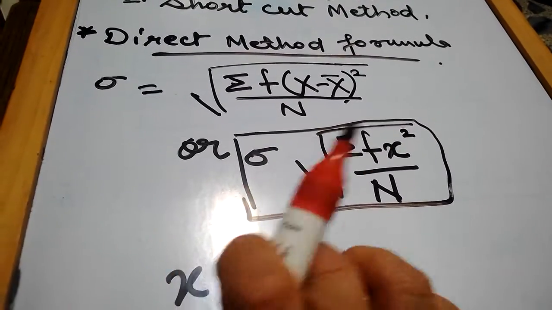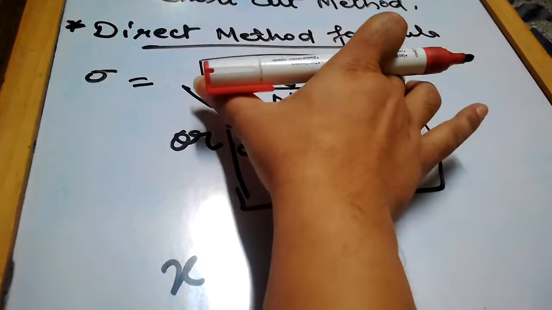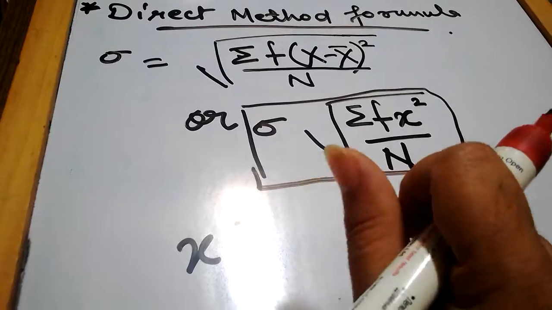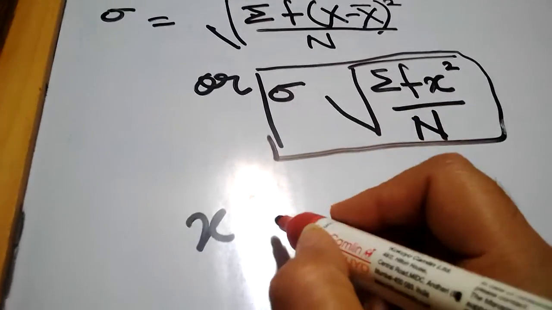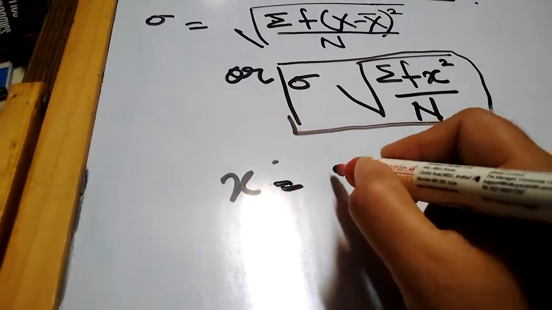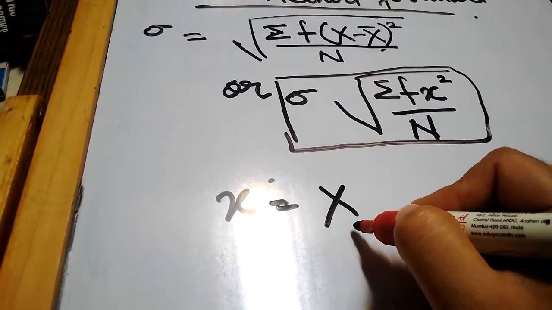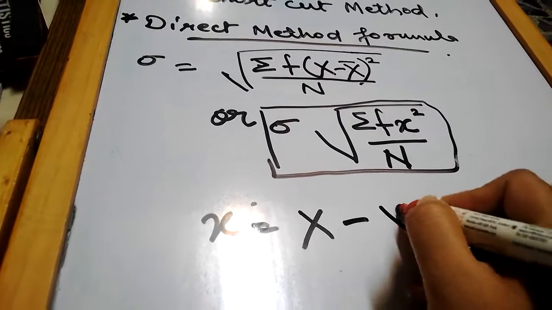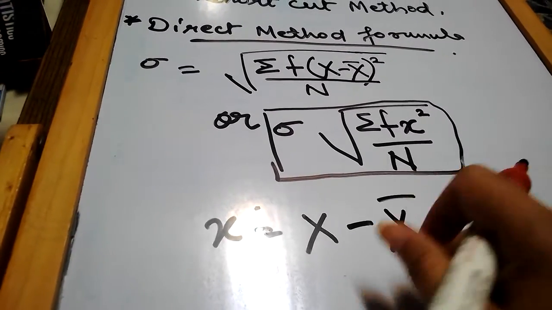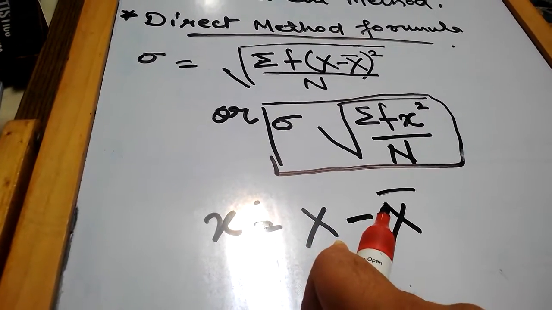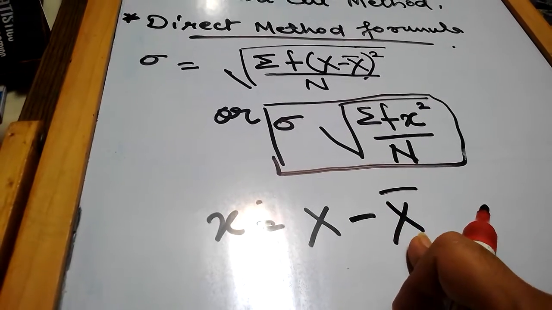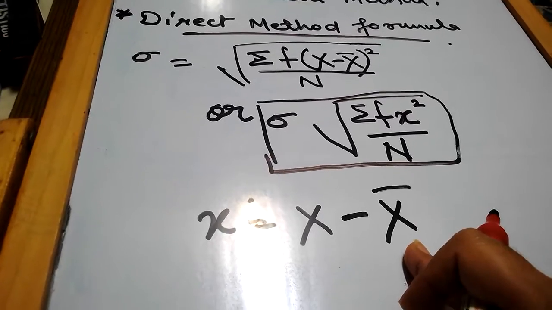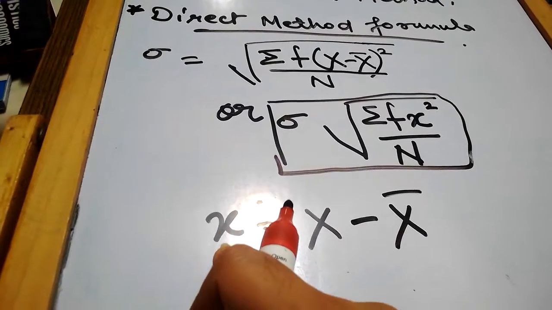If we use our formula in the small form, what is the meaning of this x over here? This x is calculated as the values which are given to you minus the mean. So when from the data given to us we subtract x bar, that is the mean, then we get the value of small x.